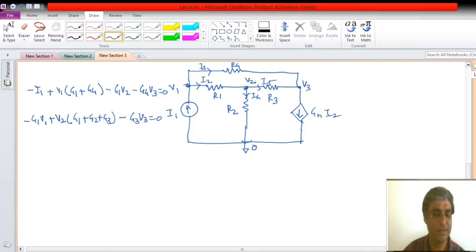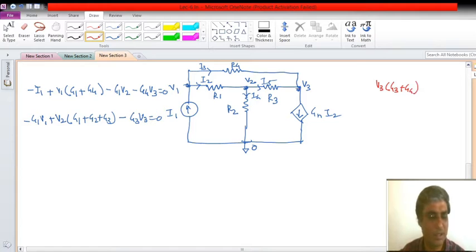Now let us come to node 3. First let me write for V3. All the conductances connected to the V3 node or V3 0 are R3, so this will be G3 plus G4.